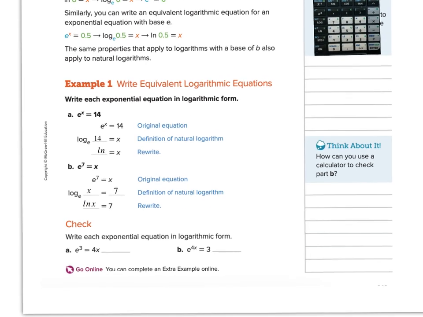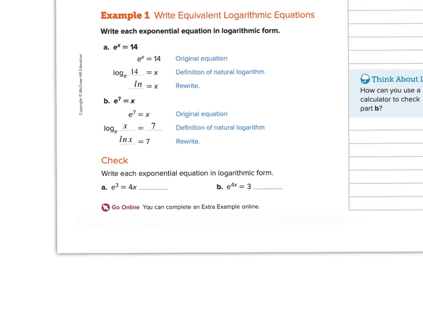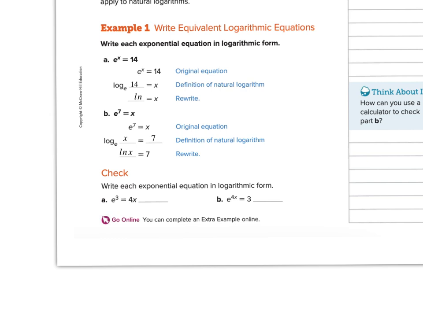So there we go. Looking at these, how could I reorder these? This is my base, so I would have the log base e of 4x is equal to 3, because e raised to some power is equal to 4x.